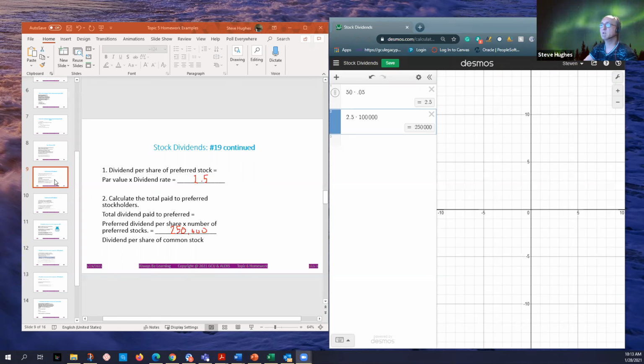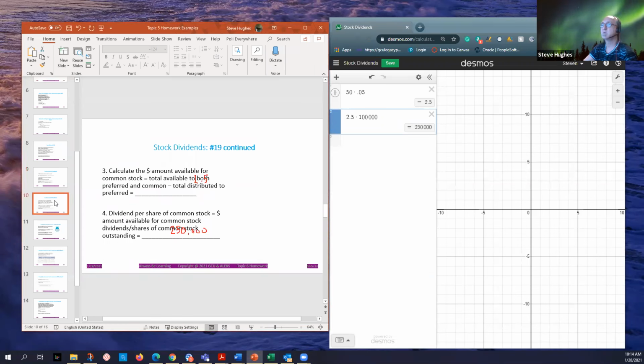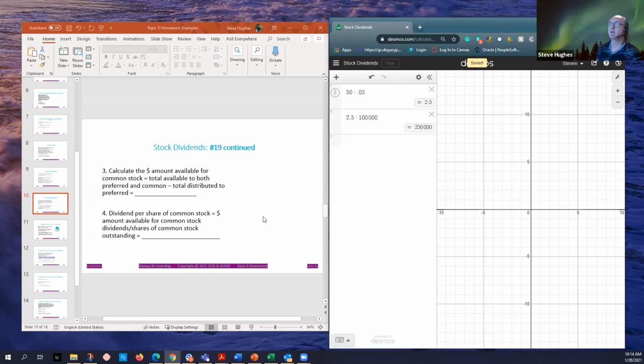All right, next we want to calculate the dividend per share of common stock. So what do we do here? Let's clear this out. Our calculations are right here, saved in the calculator. We want to calculate the dollar amount available for common stock.